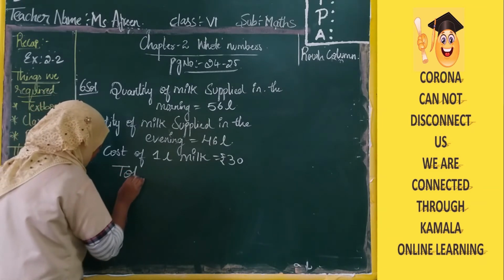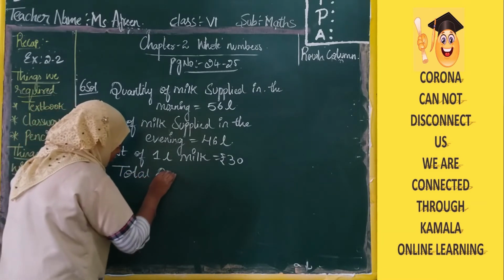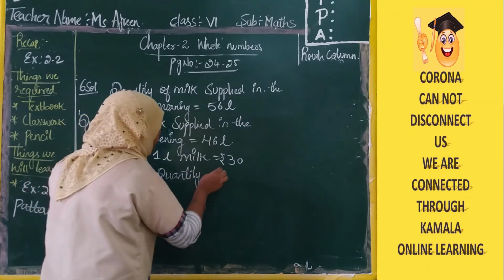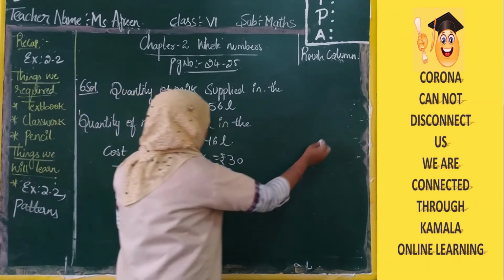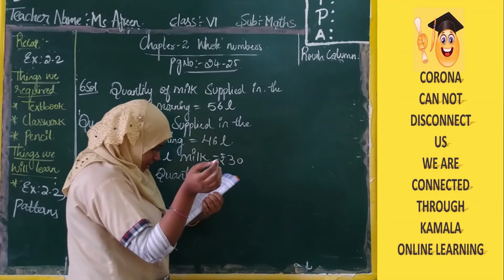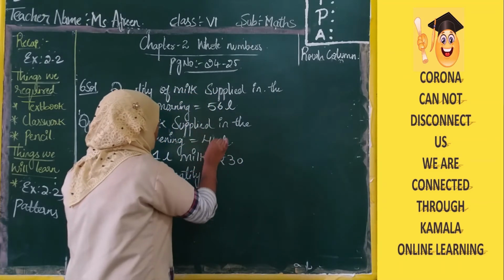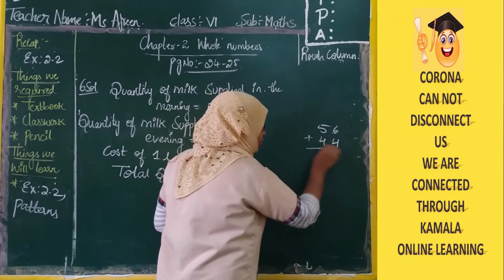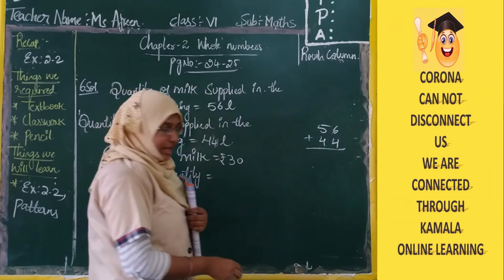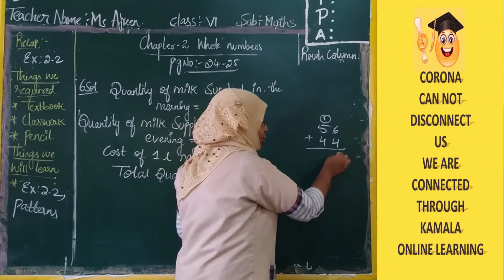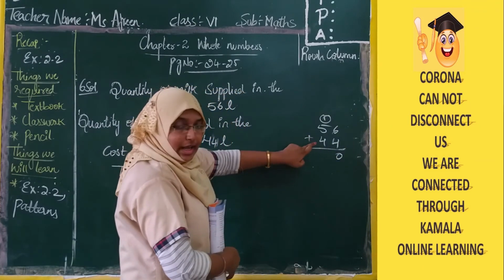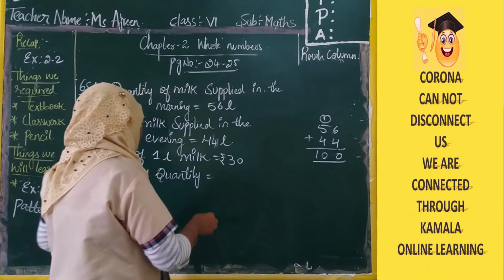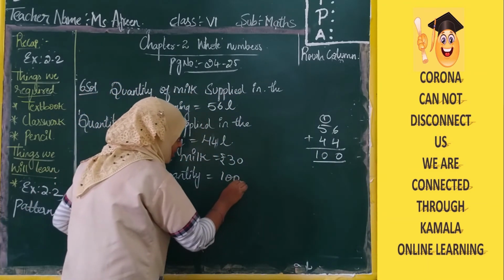Total quantity of milk supplied: to do that, first of all we should add 56 plus 46. 56, yes, 44. 56 plus 44. So 6 plus 4 will get you 10. 1 will be carried, 0. 5 plus 4, 9. 9 plus 1 is 10. It is 100 liters of milk that has been supplied. Total quantity is 100 liters.